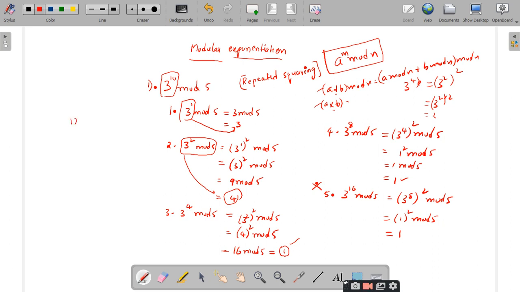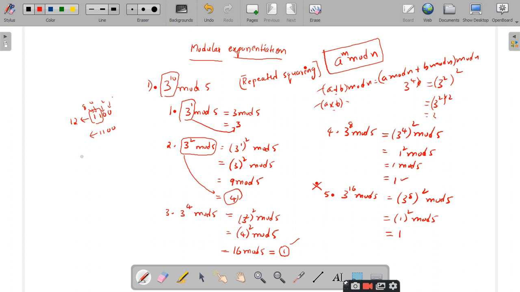For example, let us take 12. What is the binary combination of this one? 1100. This is 8, this is 4, this is 2 and this is 1. So if I want to get 12, I have to add these two, therefore I will set it: 1100.